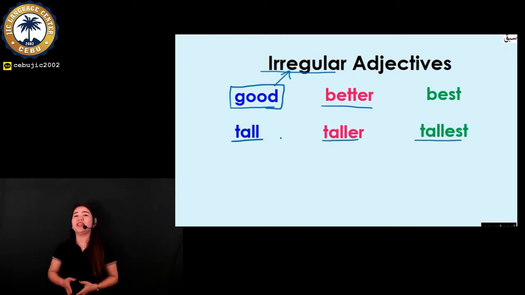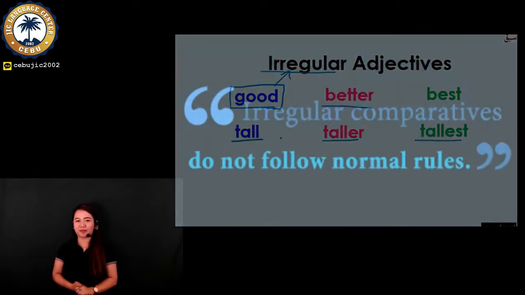However, in irregular adjectives, we have good, better, and best. Of course, we cannot say good, gooder, or goodest. Instead of that, we use better for our comparative and best for our superlative. That's for our irregular adjectives.